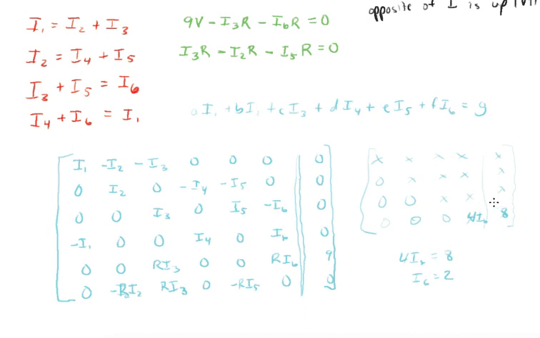Then you'd look at the next row and say, okay, the only thing I don't know is this, and you'd have something like 5I5 plus maybe 12 equals, I don't know, 2. I subtract the 12 over and I get that I5 is -2.